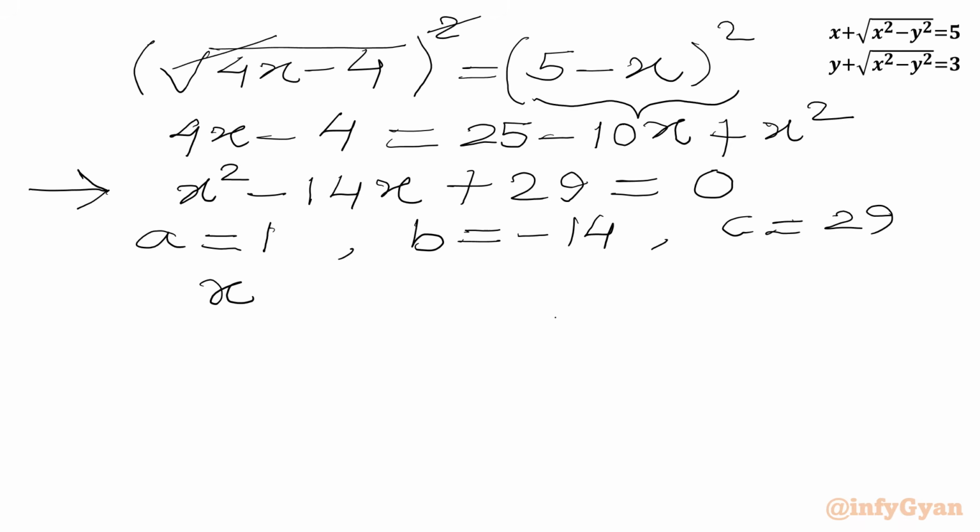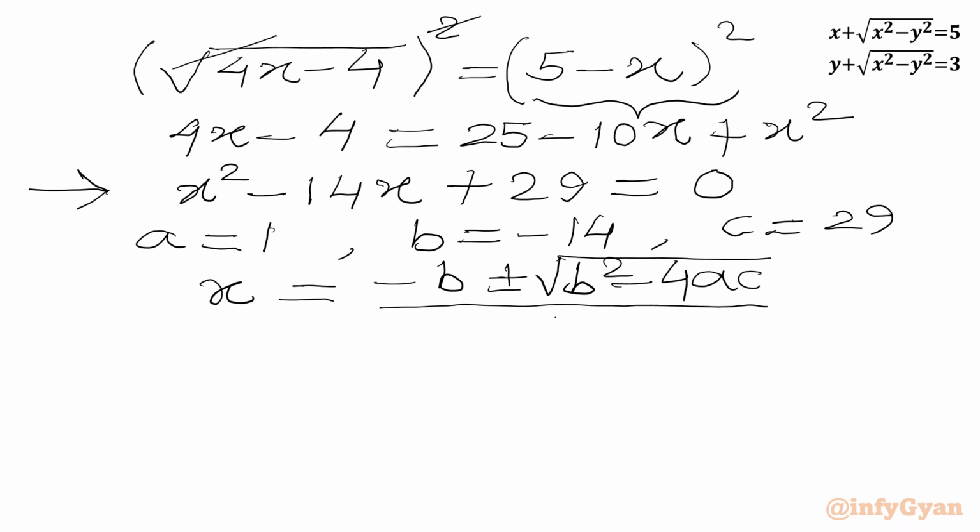As per the formula, x will be equal to minus b plus minus square root of b square minus 4 times a times c over 2 times a. Let's plug in all the values of a, b and c.